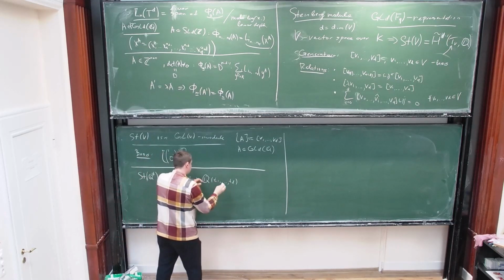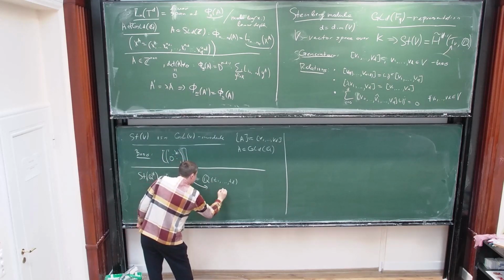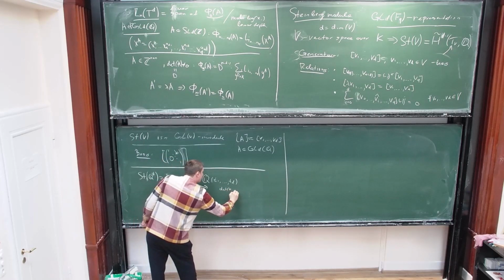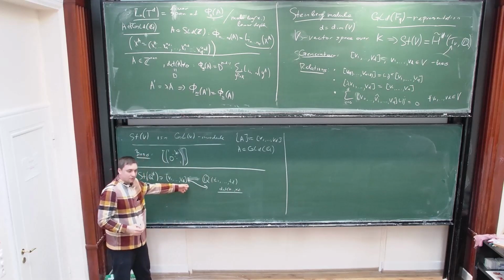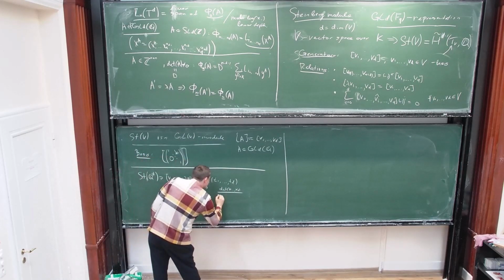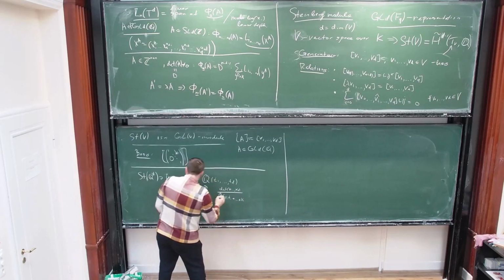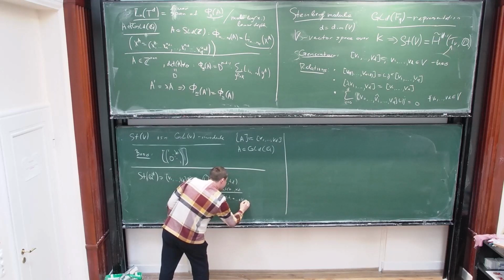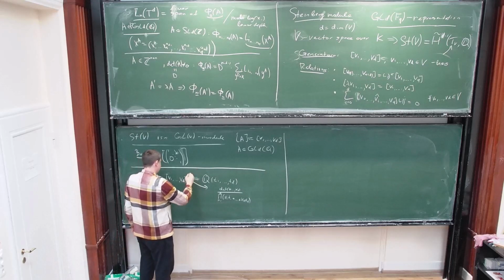The element that you map it to is basically the determinant of the matrix divided by the product of linear forms given by columns of V. And it turns out that this is actually an isomorphism.